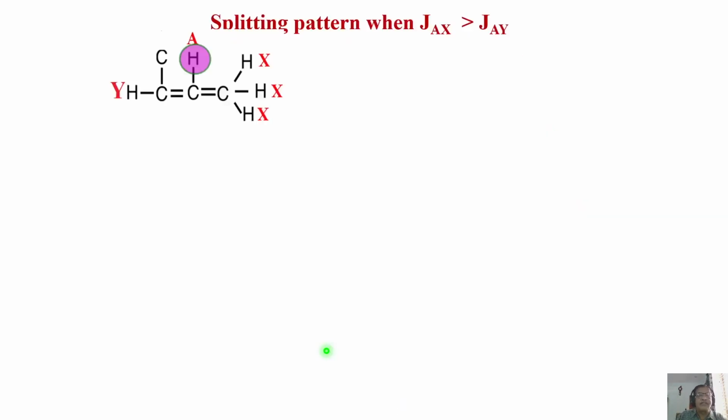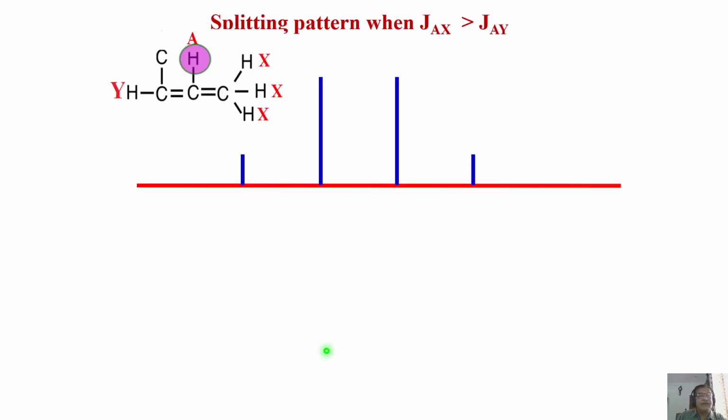Now consider a situation. JAX is greater than JAY. That means this coupling is larger, so the quartet coupling is larger. What do the adjacent lines of the quartet give? JAX. Remember, I am concentrating on this proton. This proton is split into a quartet because of CH3 protons.